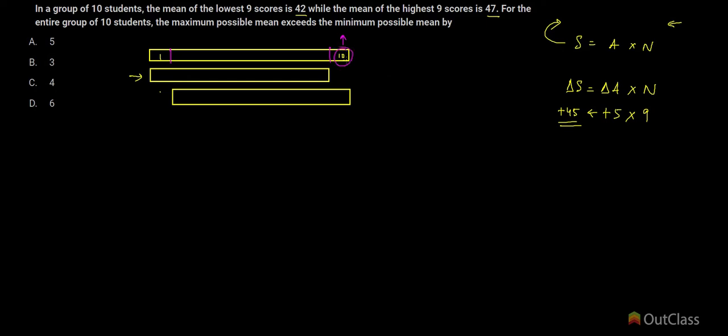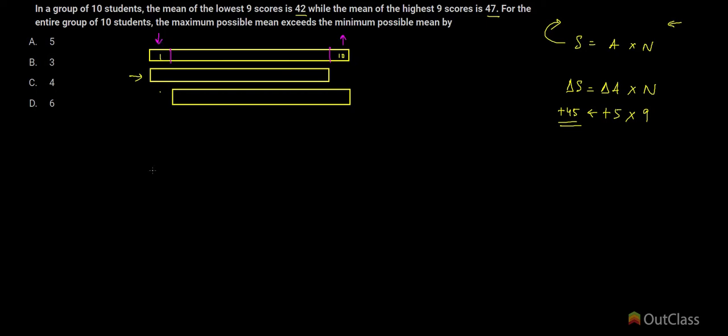This person's score has to be not less than that of these people, all the 9 people below, and this person's score has to be less than or equal to what these people have scored. So those constraints are there.